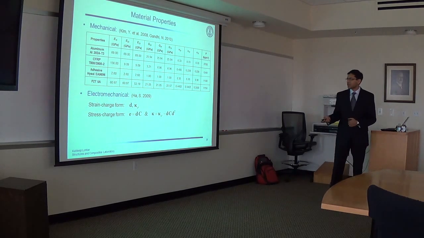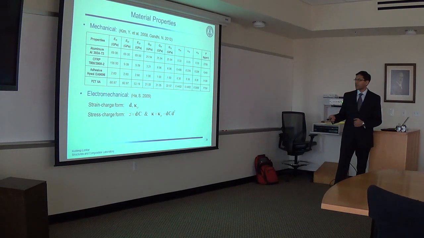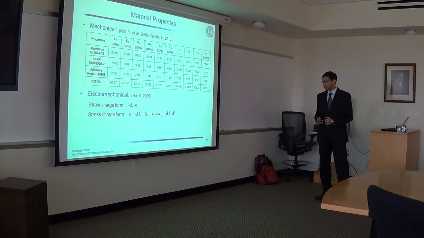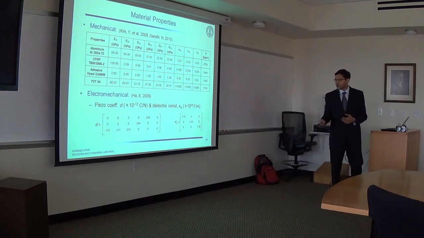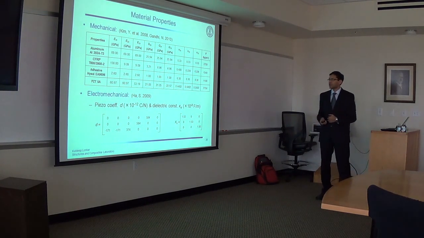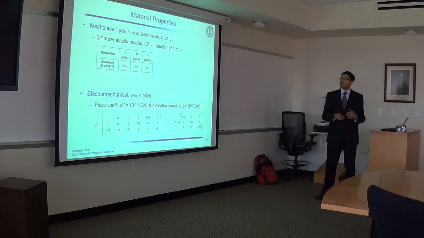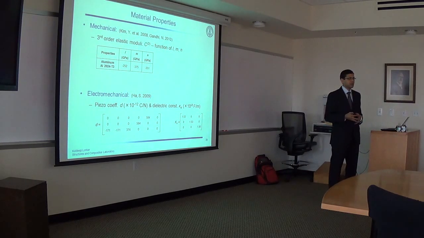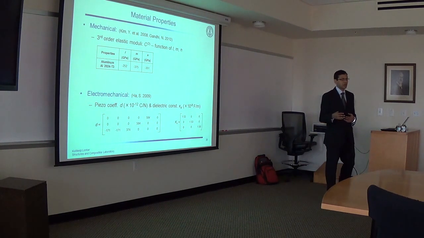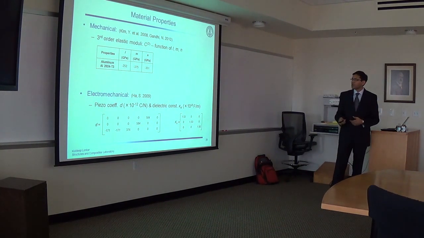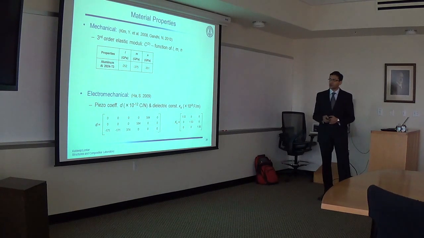So we have to use these transformations to get these properties e and kappa. So the piezoelectric properties in strain charge form are also available in literature and shown here. Now the third order elastic moduli for isotropic material can be expressed as a function of 3 constants called Murnaghan constants, l, m, n. So these constants for aluminum are shown here.